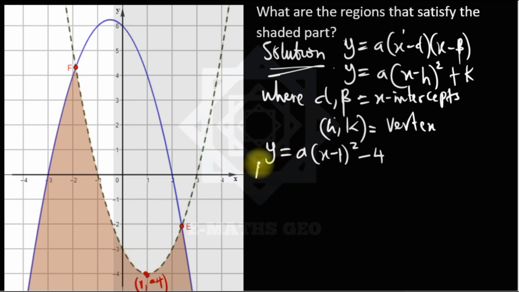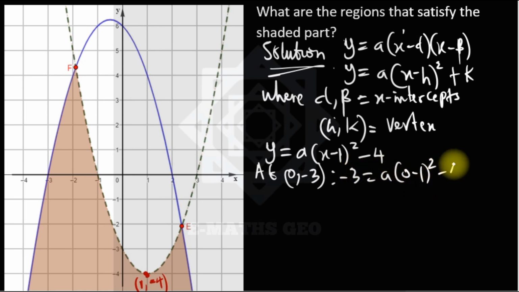So at (0, minus 3), you see that y is minus 3 when x is 0. So we'll solve for a. Solving for a, this is 1, so 4 minus 3 is 1. So a is 1.